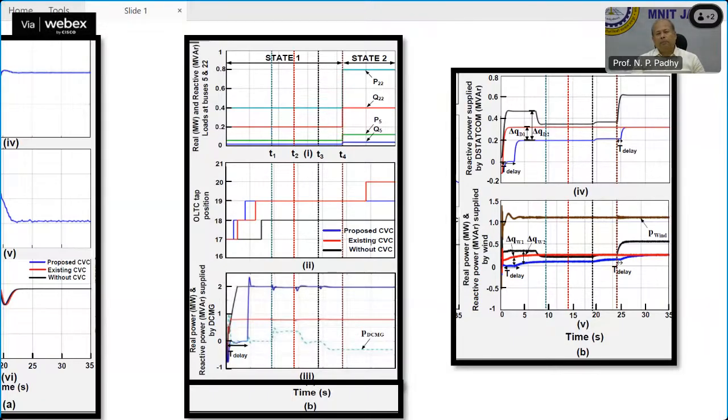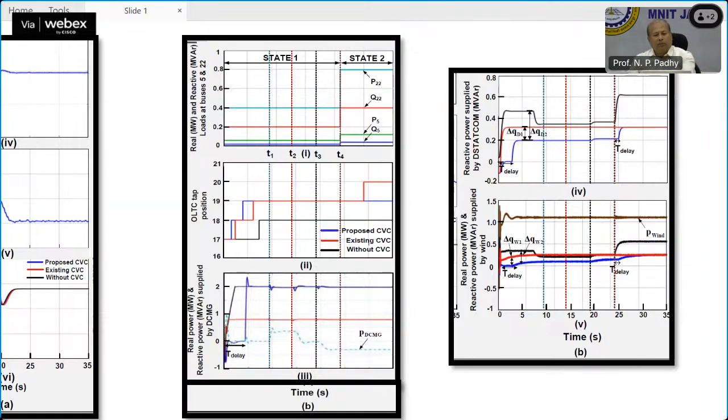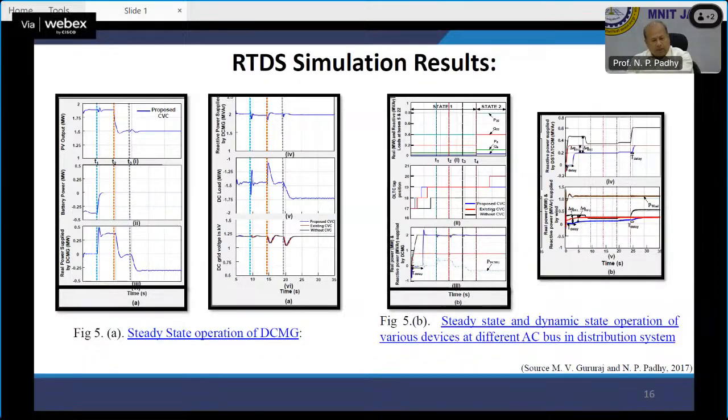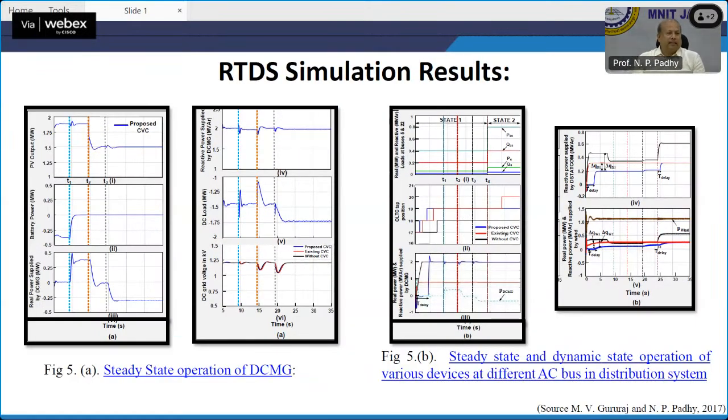In the meantime, if you refer to the 2017 IEEE Transactions on Industrial Informatics, where all the diagrams are available, these are selected patches, but you can refer to them whenever you are referring to those simulation results. I just wanted to highlight that such simulation results can be generated within your RTDS. Am I right?